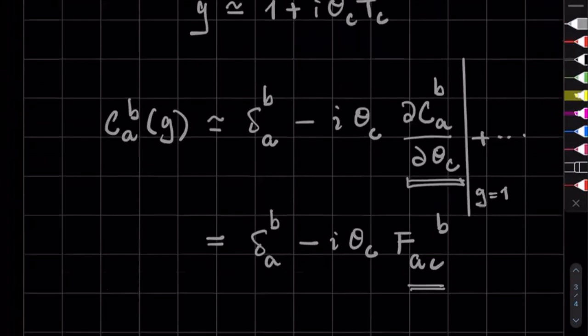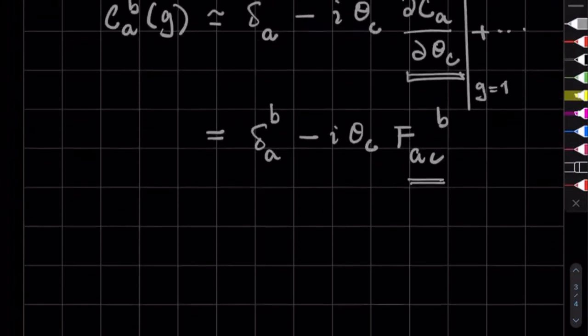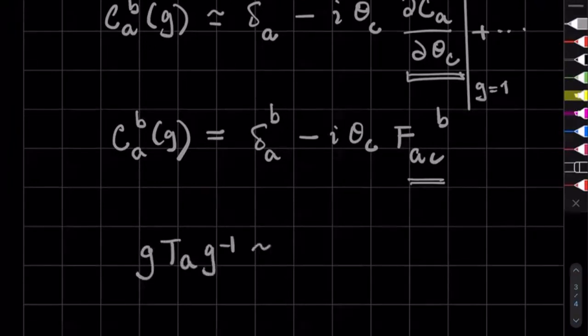So now we have C_AB of g to be this thing. On the other hand, if I take the equation g T_A g inverse for small values of the parameters, this is equal to T tilde of A, right?